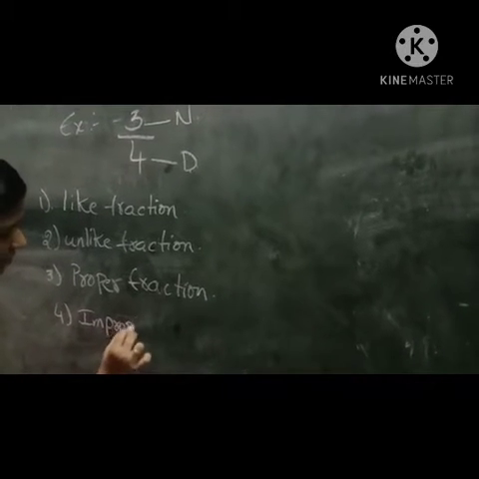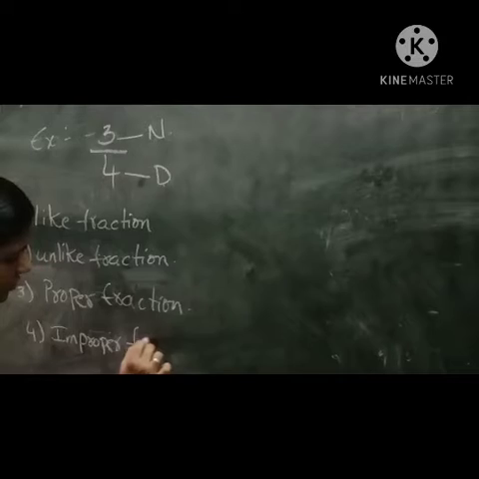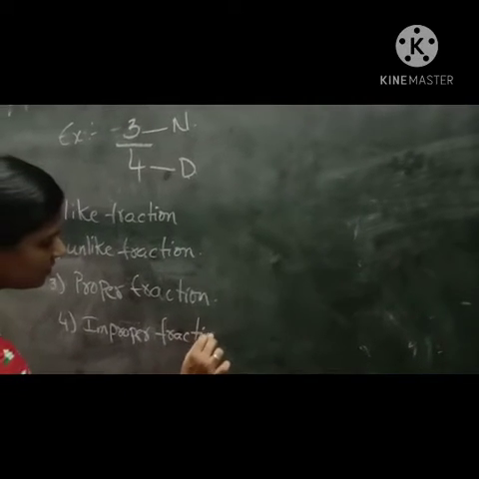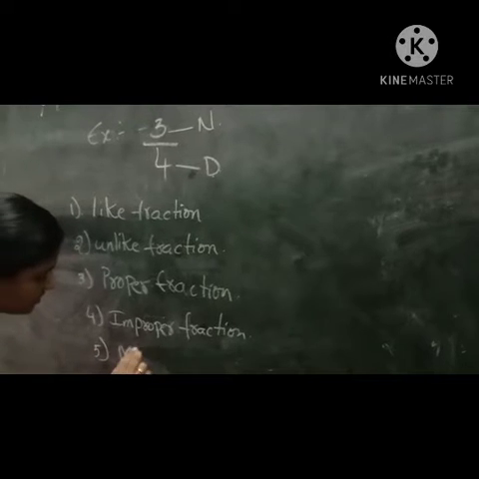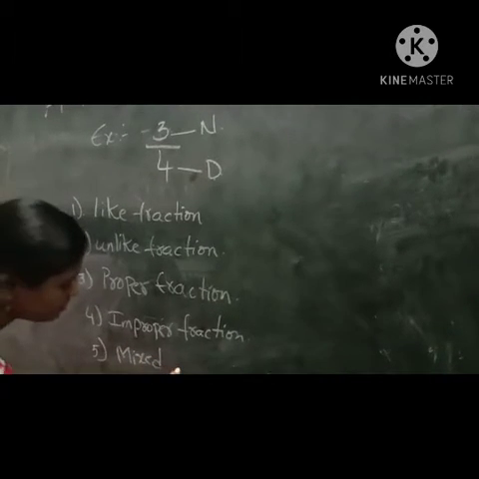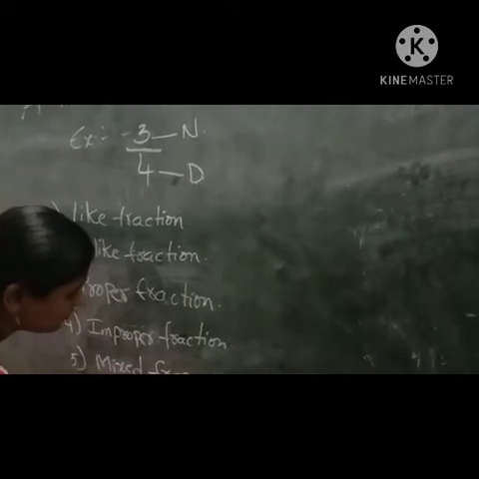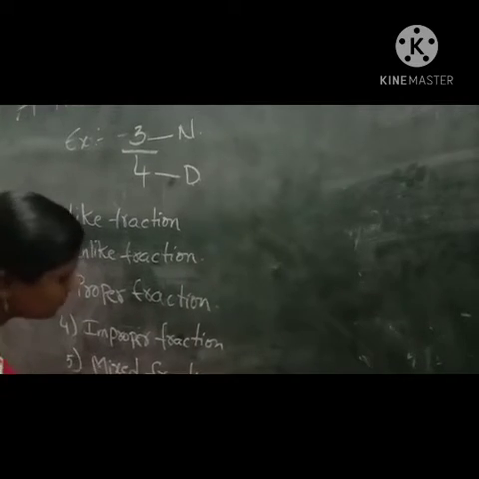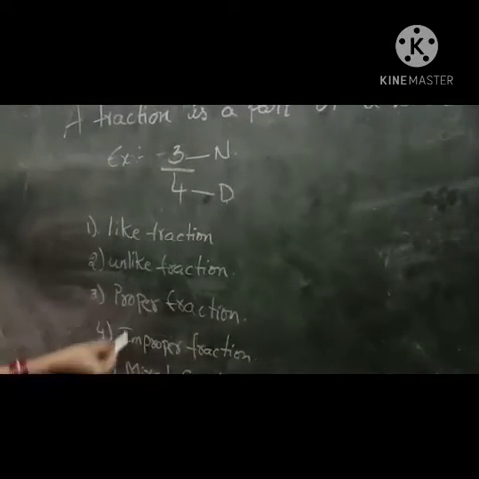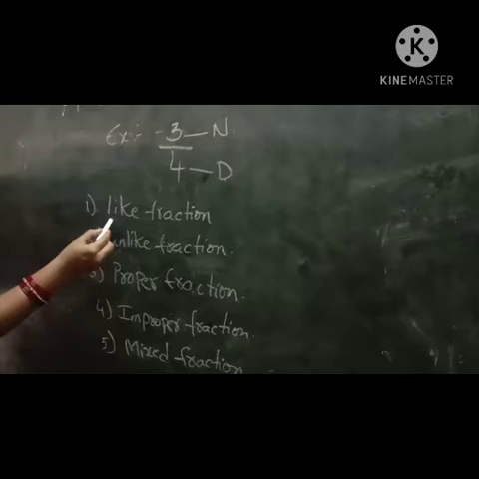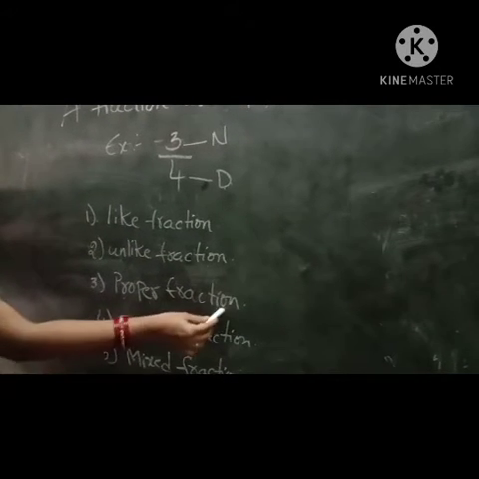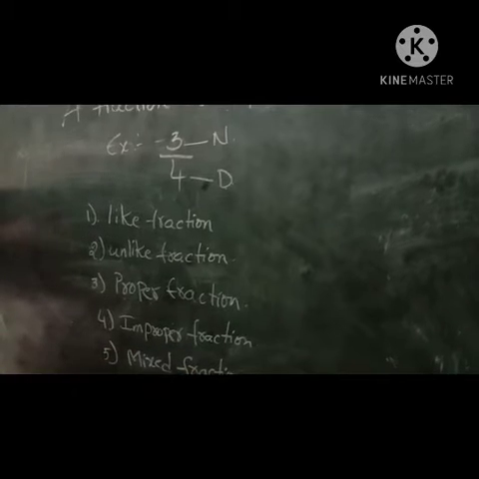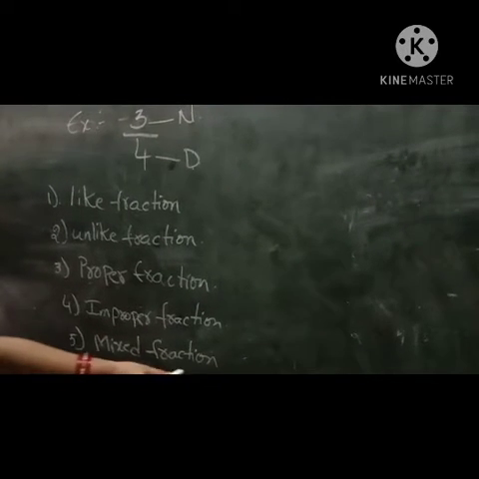And the last one, the fifth one, is mixed fraction. See here, children, how many fractions are there? Yes, like fraction, unlike fraction, proper fraction, improper fraction, and the last one is mixed fraction.